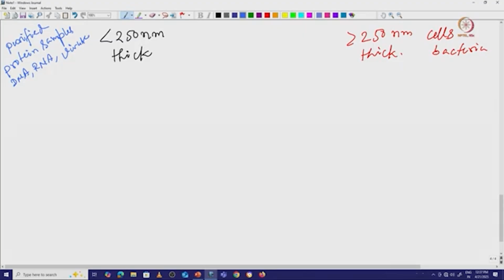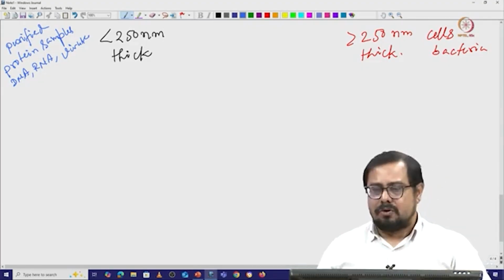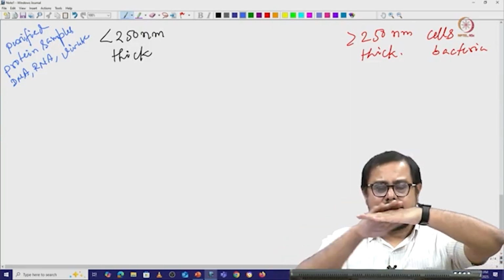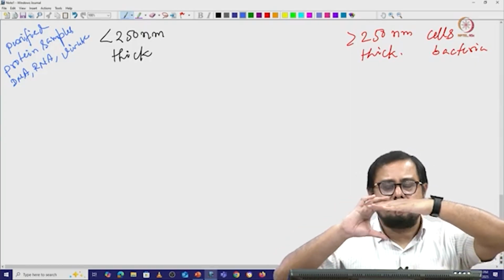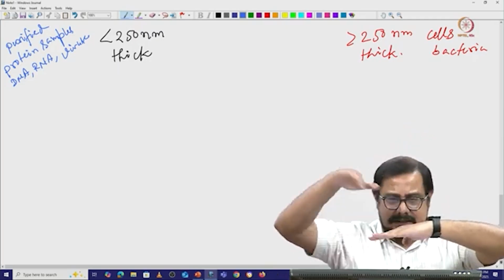So, the thickness is also very important, because previously we discussed that if the sample is very thick, the electron beam cannot penetrate. For the scanning electron microscope, if the sample is thick, there is not a big problem, because we are mainly recording the secondary electrons. In scanning electron microscopy, if thickness is very high, mostly electrons will come and scatter.